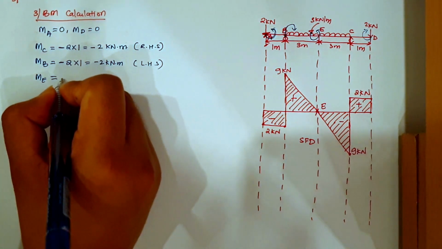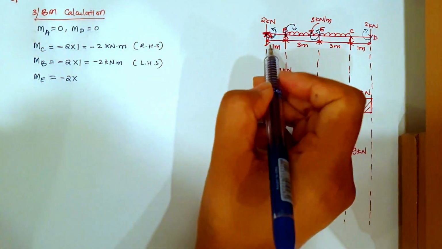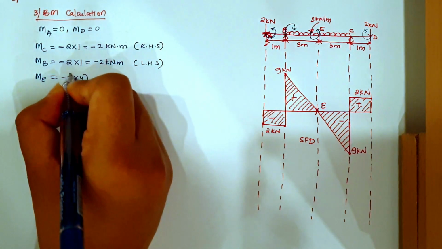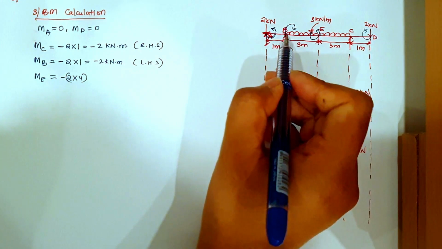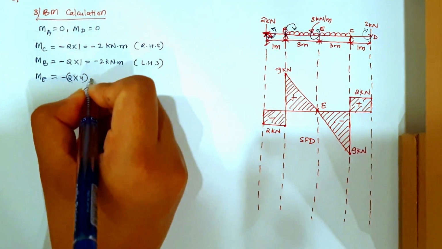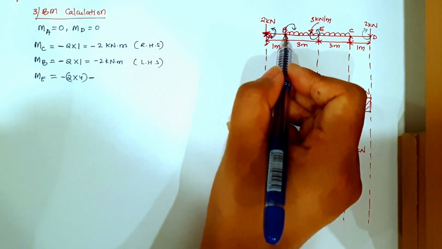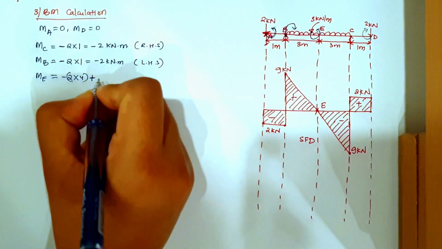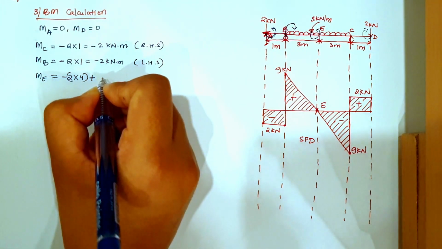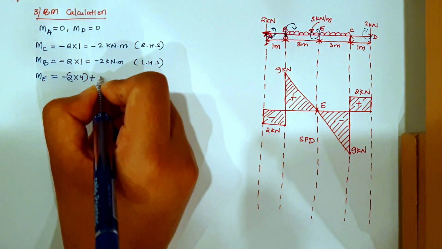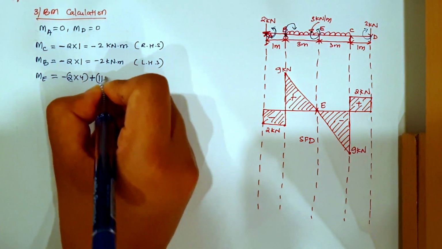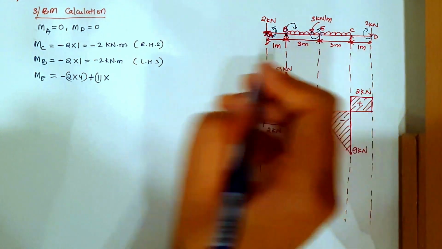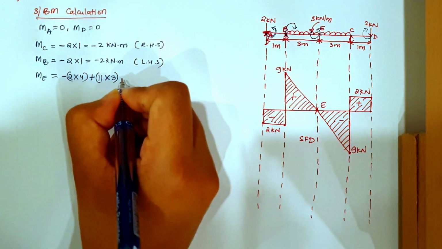So I have -2 into the distance from A till E, which is 4 meter, and then I have the reaction at B, RB, going in a clockwise direction. So I have plus RB, the reaction at B, which was equal to 11, into the distance from B till E, which is 3 meter, right?